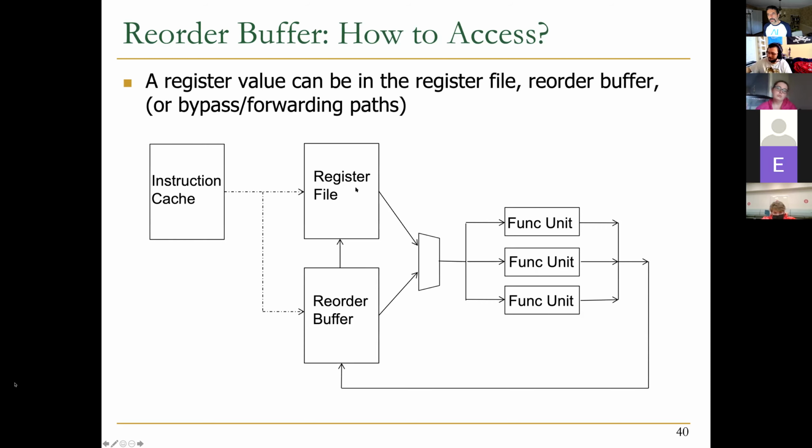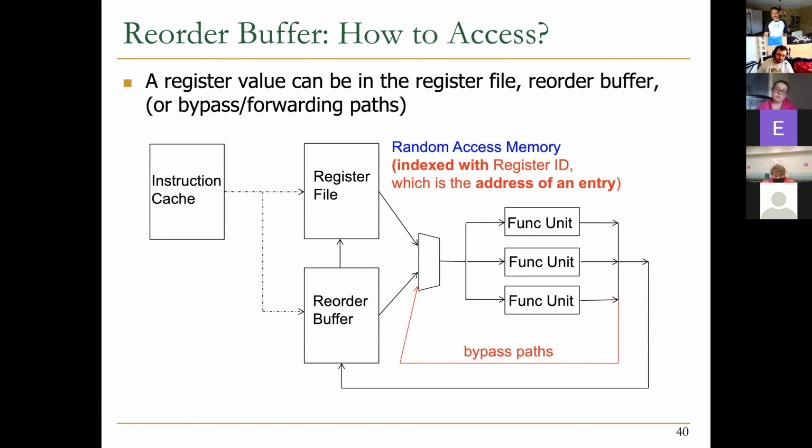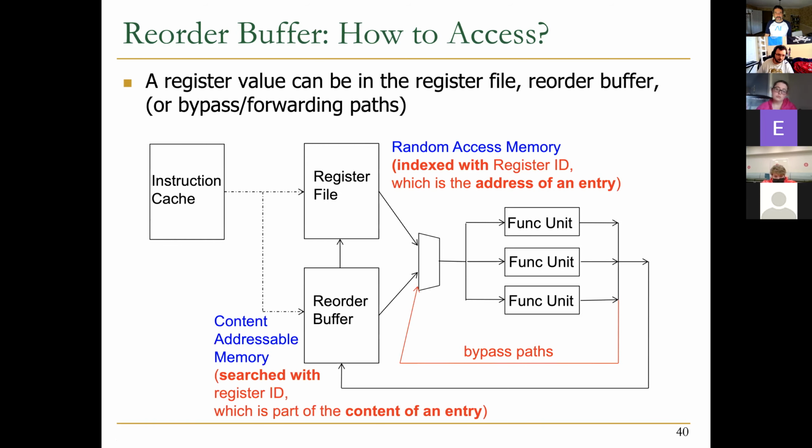That is as long as we don't write to the register, right? Whenever this needs to be written to the register file, you can write it when you change the architecture state.